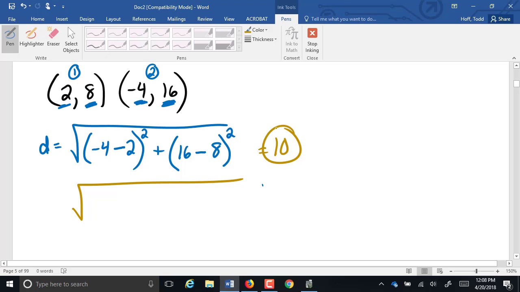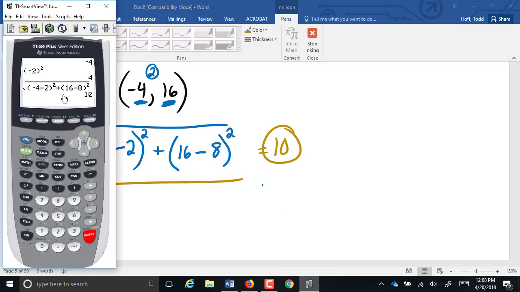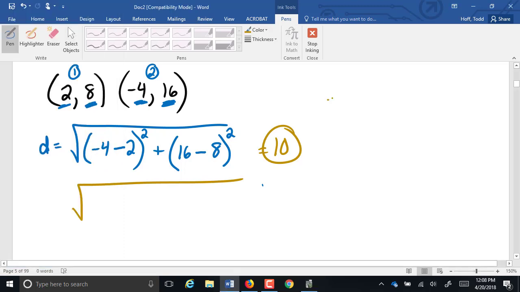Now be careful. If you're using the graphing calculator, most of your TI-84s will do it exactly like I did here. Some of your TI-83s, rather than giving you the whole thing underneath the square root symbol like that, would just give you the square root symbol with the open parentheses. And most of your scientific calculators that are not graphing would do the same thing.